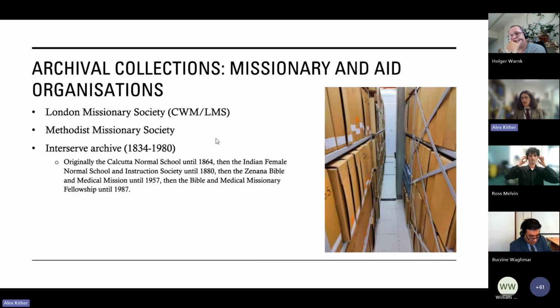So regarding our missionary and aid organization archives, some of our largest collections are missionary archives. The London Missionary Society, now the Council for World Mission archive, is held here, and is probably our largest single archival collection, as well as the Methodist Missionary Society, another very large non-conformist missionary society collection held here at SOAS.